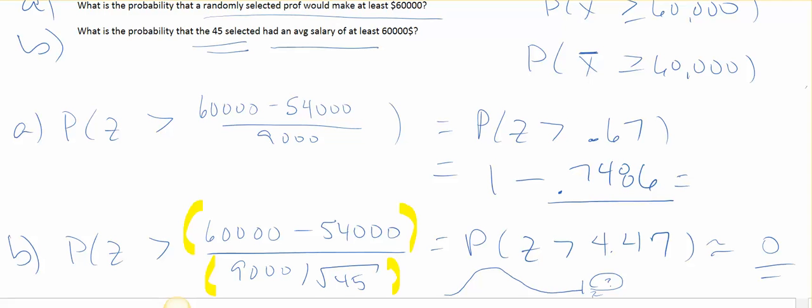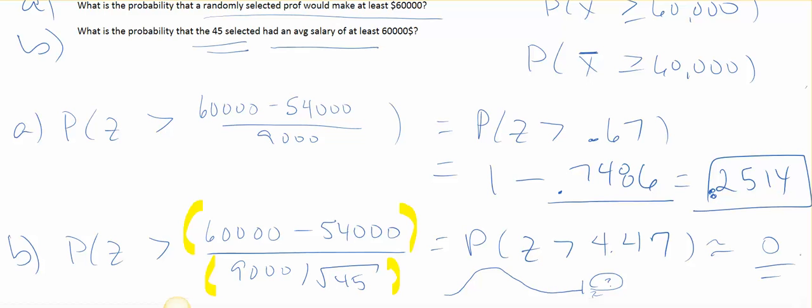And if we subtract that from 1, then we actually get the area we want because it was to the right. So you had a 25% chance of catching one person that would make 60 grand if the average of the population was 54 grand. But then when I wanted to capture 45 people that made an average of $60,000, that was pretty much impossible. I hope that helps in 5.4.